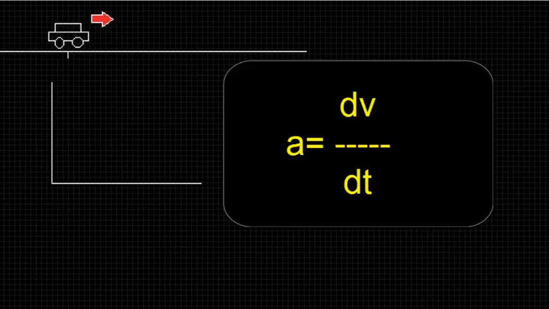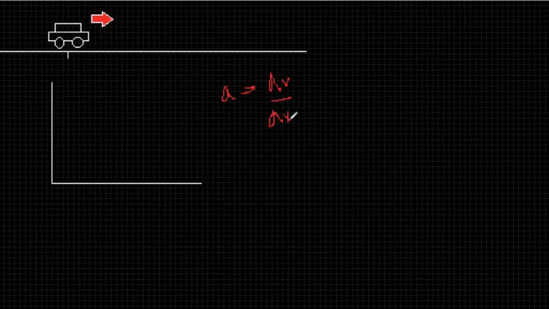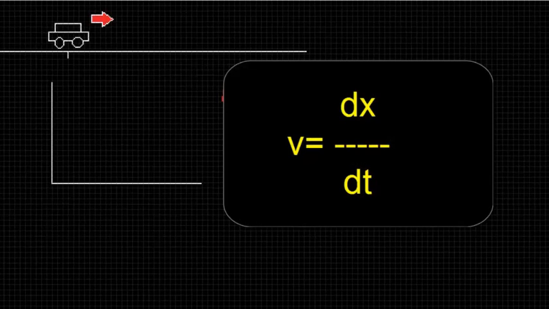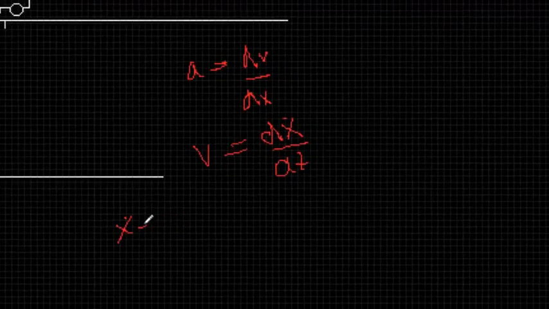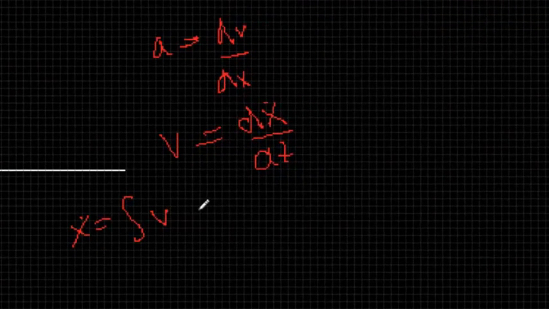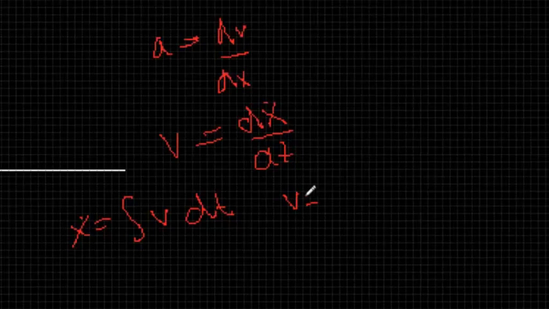He noticed that acceleration, a, was the first derivative of velocity. Also he noticed that velocity itself was the first derivative of distance. If you have a calculus background, you know that x would be the integration of v dt, and that v itself was the integration of acceleration dt.